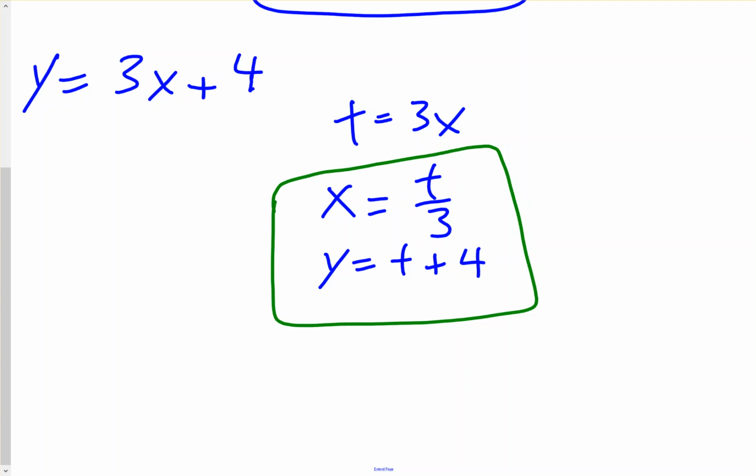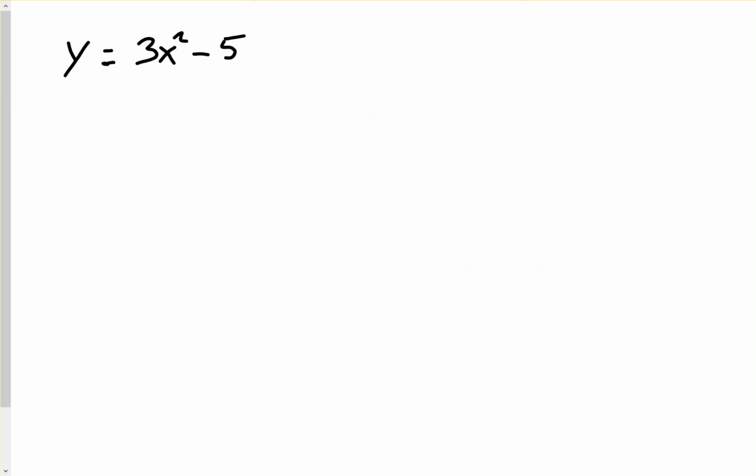Let's take a look at another one. Let's say we have y equal to 3x squared minus 5. So if it's 3x squared minus 5, we could say that t equals x squared.